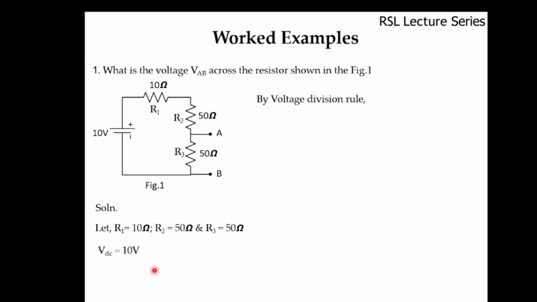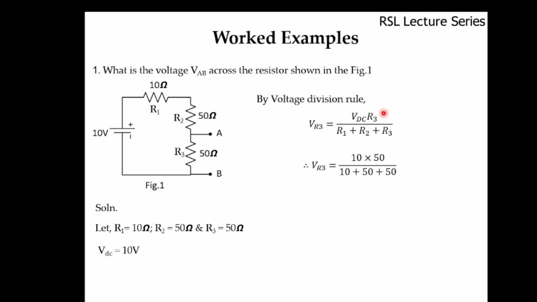Now we apply the voltage division rule to find VR3. Already we know VR3 is given by the total voltage VDC multiplied by the resistance R3 itself divided by the sum of all three resistors. We know all the values, so we can directly substitute in the formula.